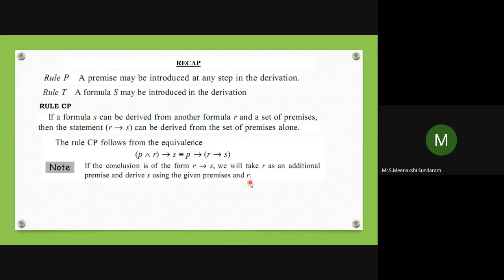Distributive law, associative law, hypothetical syllogism, disjunctive syllogism, whatever formula you use, you have to mention rule T. Rule CP: sometimes the question itself is given as a conditional, R tends to S. Then we write R as an additional premise, and the conclusion is all premises tends to S. Any premise can be used any number of times in the problem because the idempotent law is satisfied. These are rule P, rule T, and rule CP.